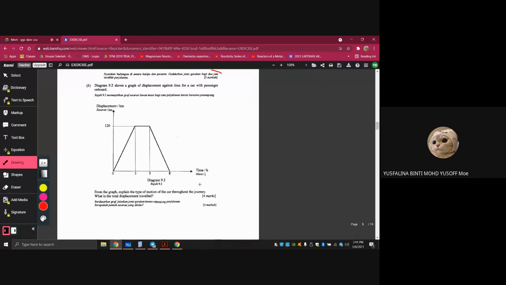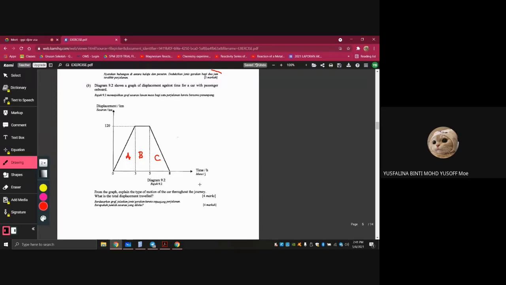You can divide it into 3 parts: the first part is from 0 to 3 hours, then 3 to 5 hours, and another one is 5 to 8 hours. So you already can see there are 3 points that you can describe. Another point comes from the total displacement.